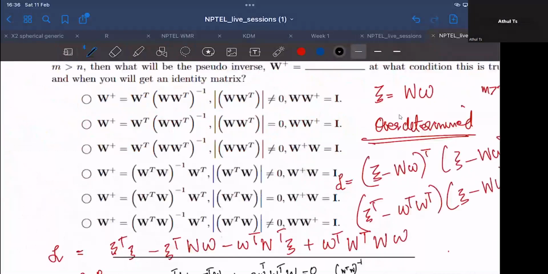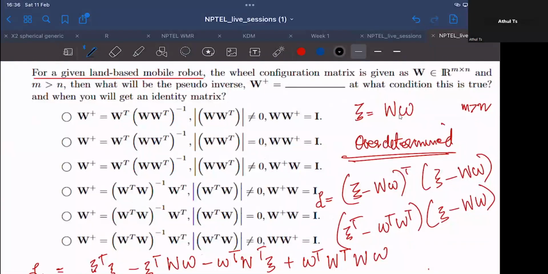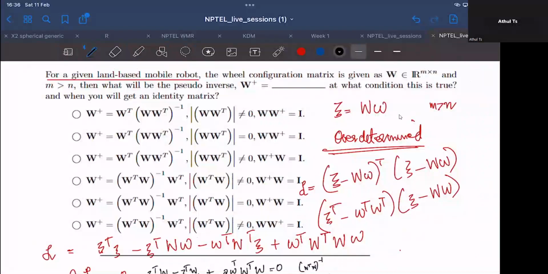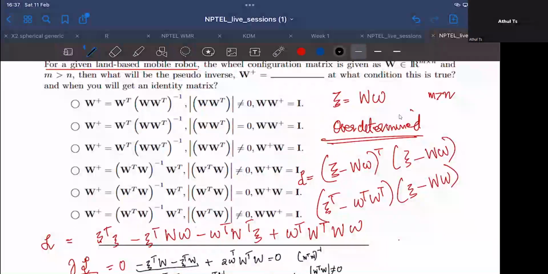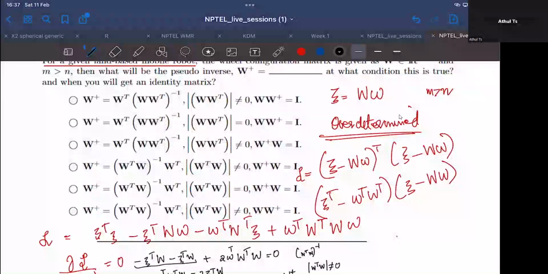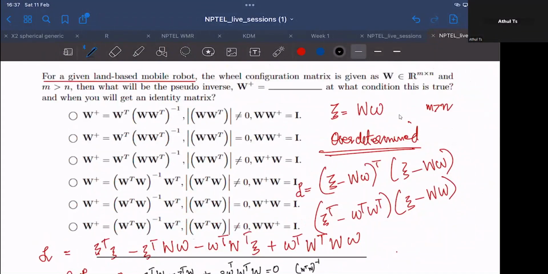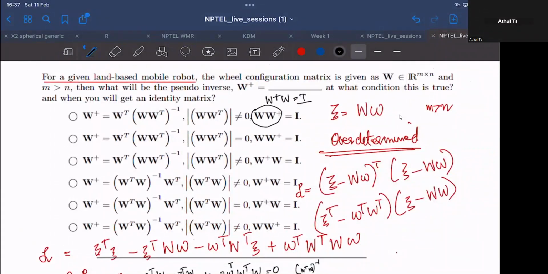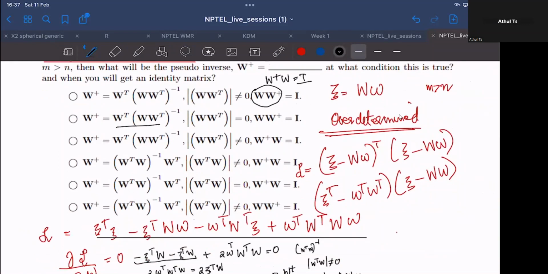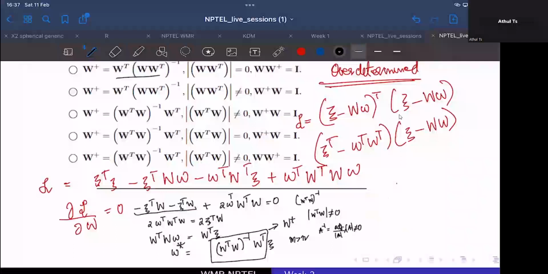So if that is the case, what is the correct answer? If M is greater than N, what would be the pseudo inverse W plus, and under what condition would it be valid? The first option is not the correct answer, because as per the left inverse, it should be W plus W equals I. The second option is not correct as per our final answer.